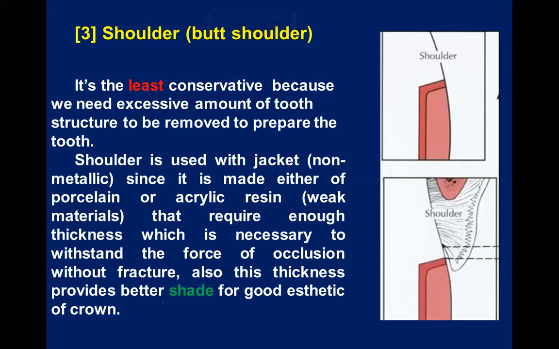We can manage the color of the natural tooth structure with the ceramic by this amount of reduction. When we remove more from the tooth structure, we can make the crown with a big thickness, and this thickness will make it possible to adjust the color of the crown. So it needs more and excessive reduction from the tooth structure.